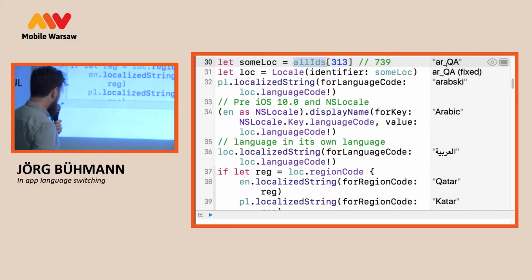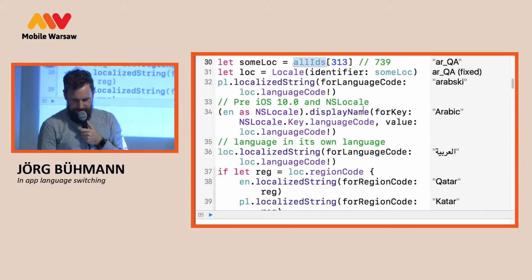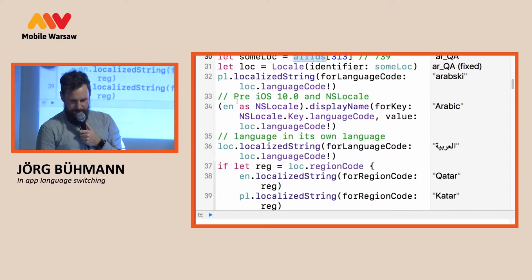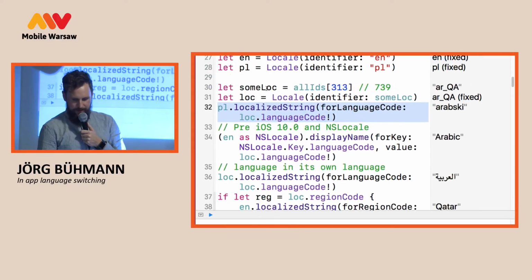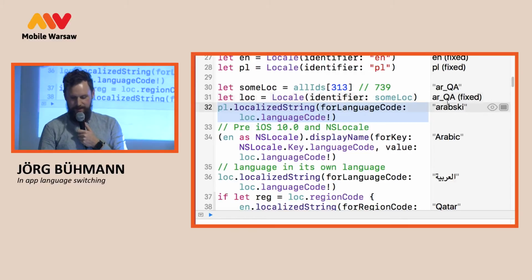And I'll walk you through this a little bit more in detail. What this basically gets you is the output in Polish: this locale, in Polish, give me this one, which is Arabic in Qatar, in Polish. It's arabski. Is that okay?